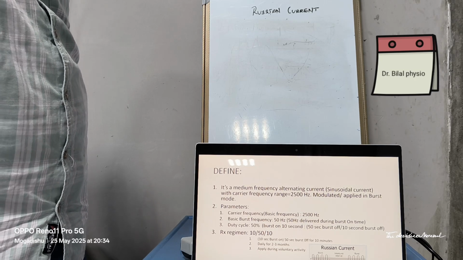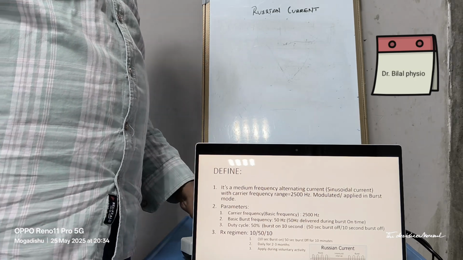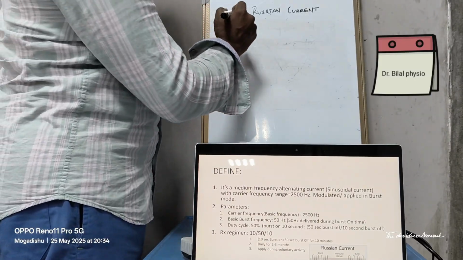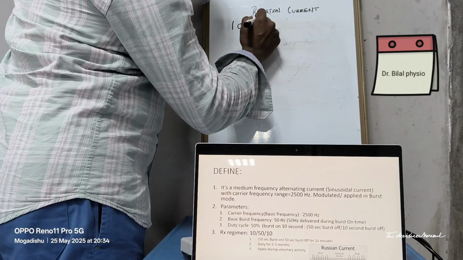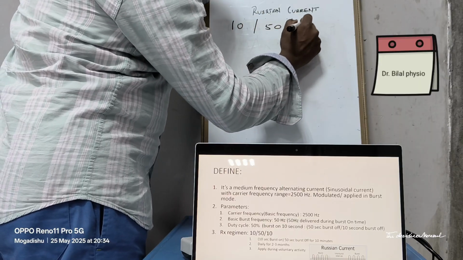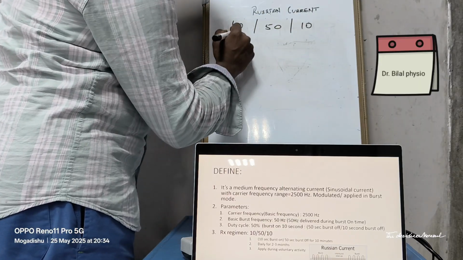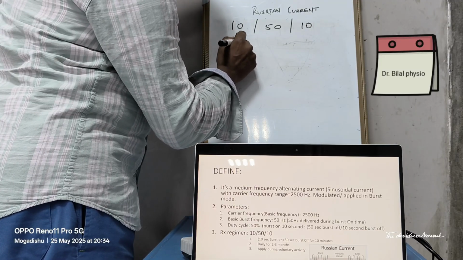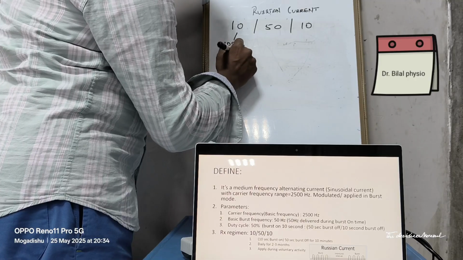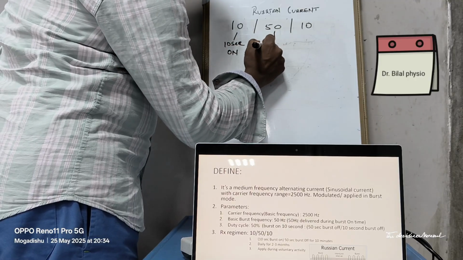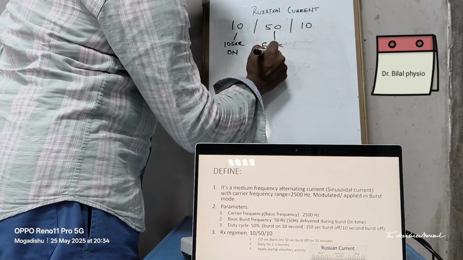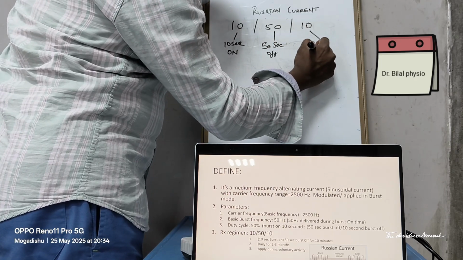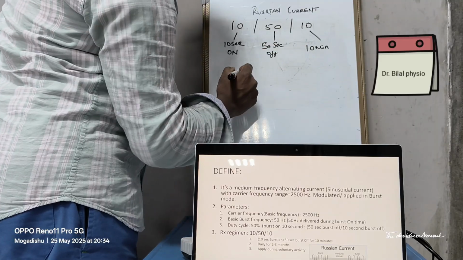During the initial period, Kots used a basic treatment regime of 10, 50, 10, which means 10 seconds on time, 50 seconds off time, for a period of 10 minutes.